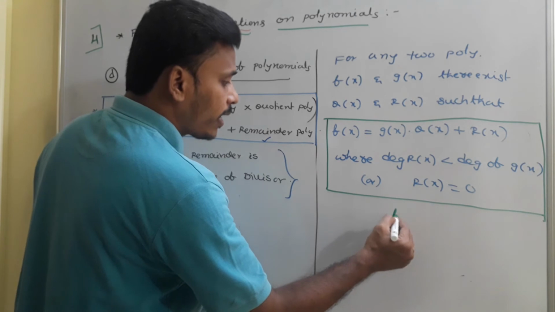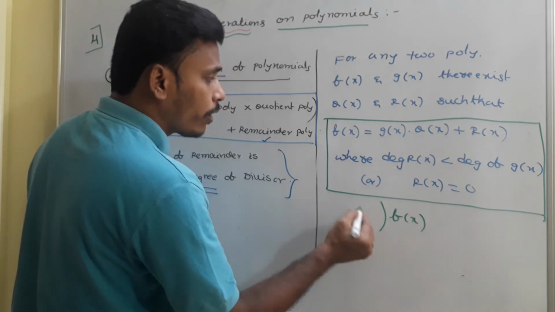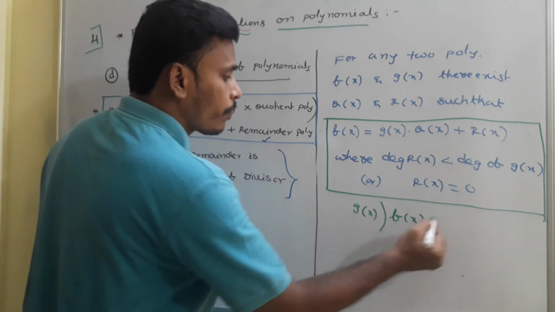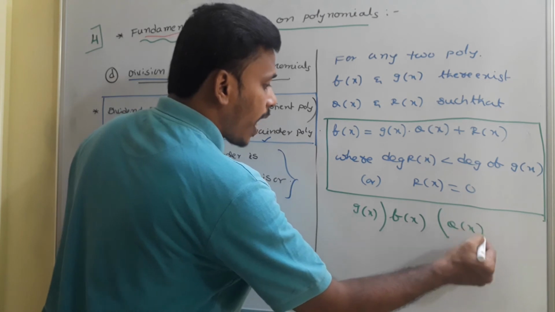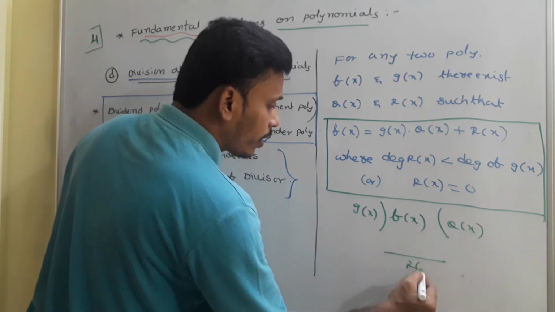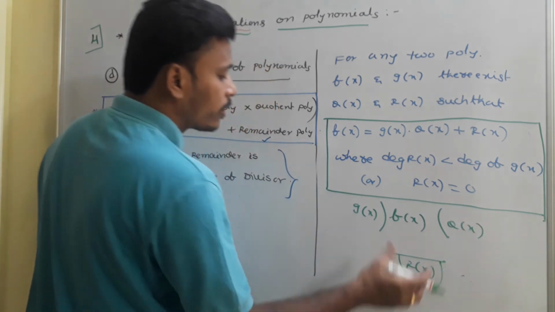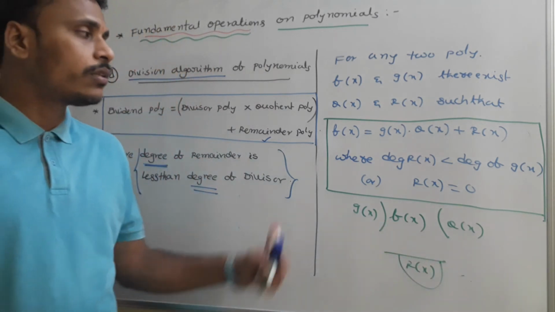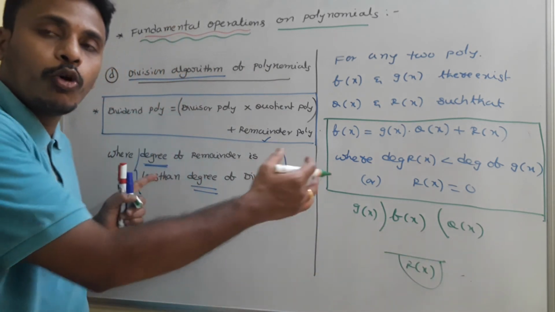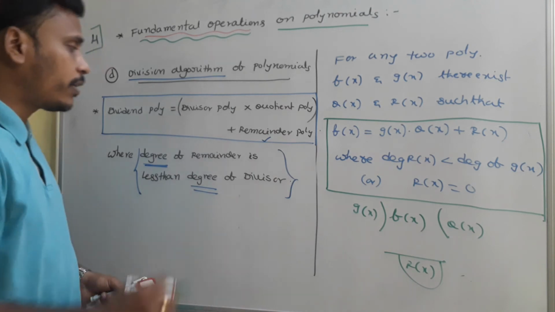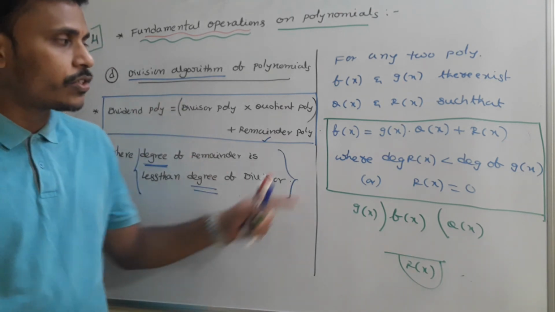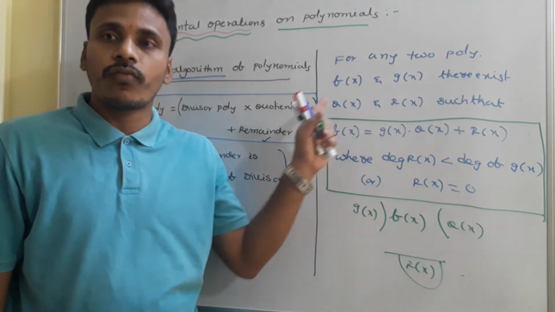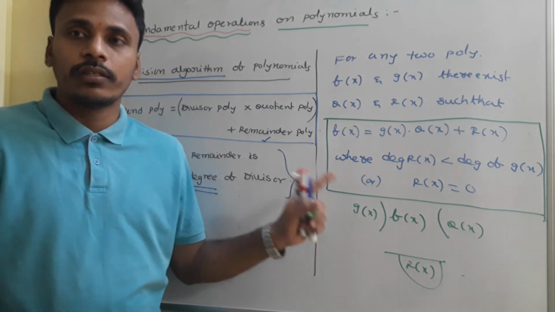We may also write it like this: we are dividing f of x by g of x, and we will get q of x as quotient, leaving r of x as remainder. This is the statement of the division algorithm. Both convey the same message, but this is in words, and this is using the polynomials f of x, g of x, q of x, and r of x.